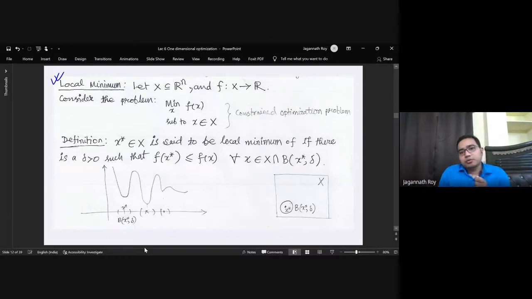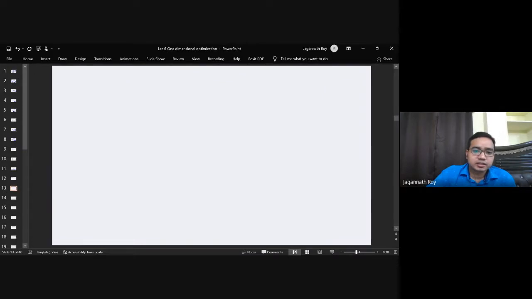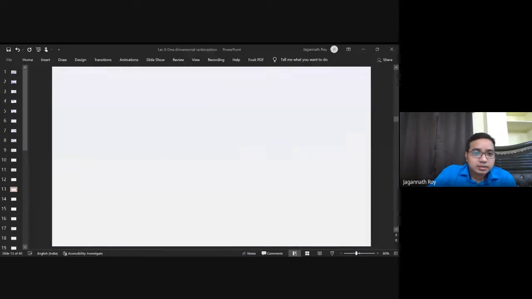Now, if you try to relate the idea of local minimum and local maximum, you may be wondering how they are related. I will tell the idea. For that I will again take that example.